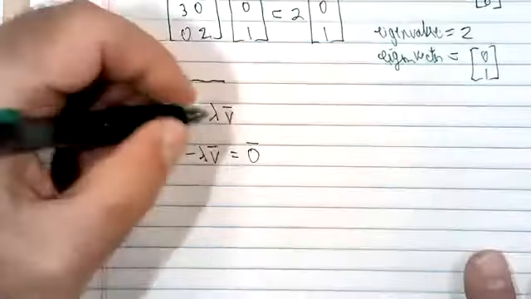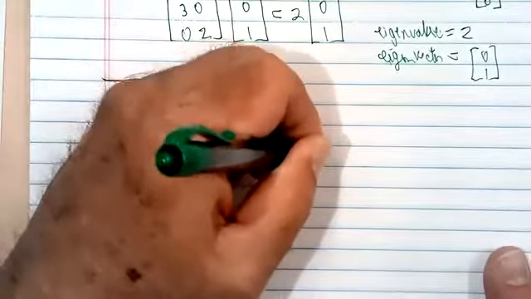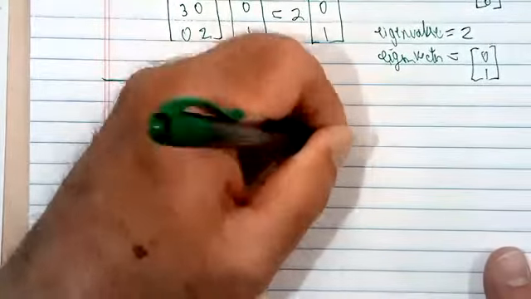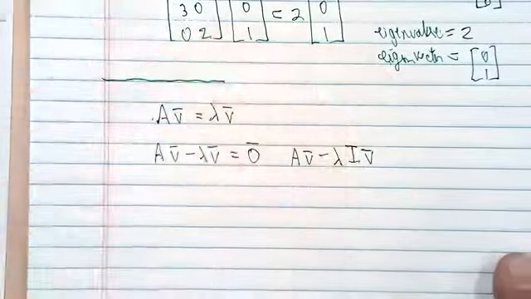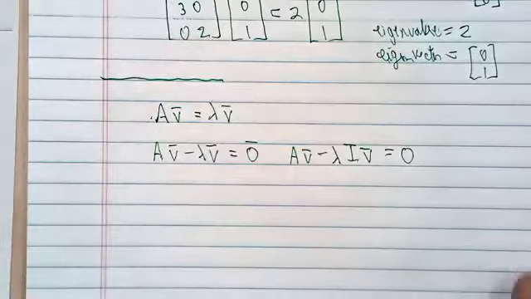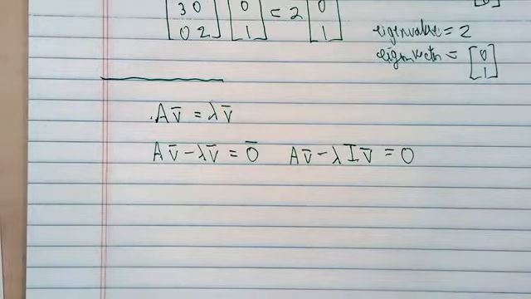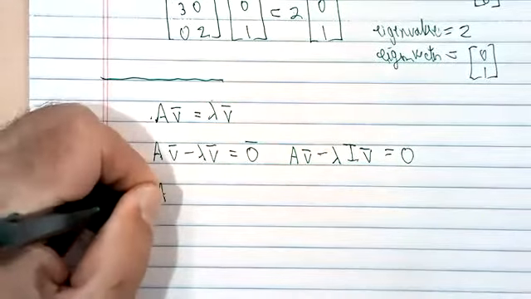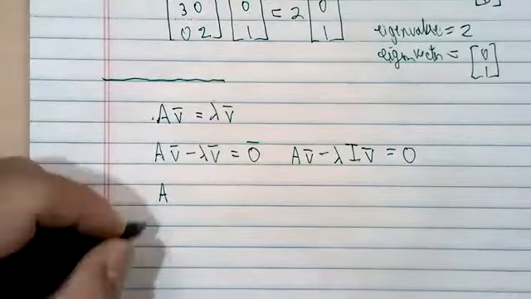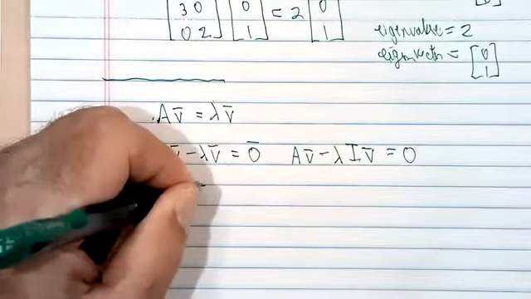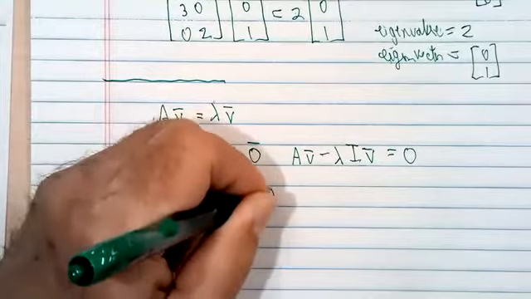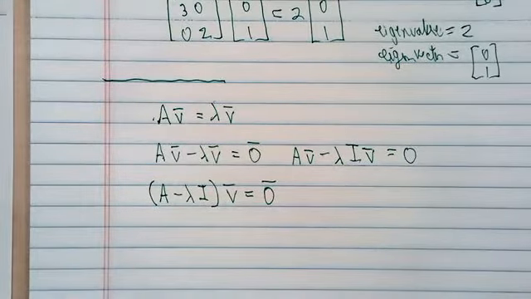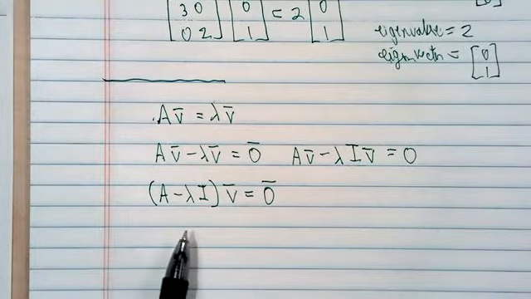But you can fix this problem by inserting the identity matrix. And now you can factor the v off to the right: A minus lambda I times v equals 0. All right, now, let me be more precise about what we're really looking for.